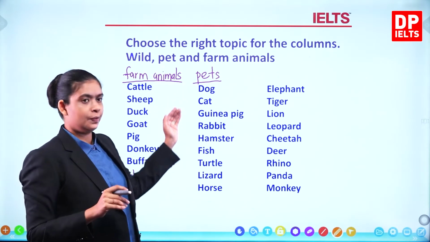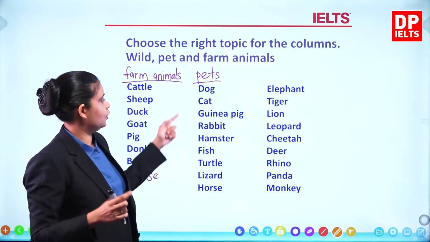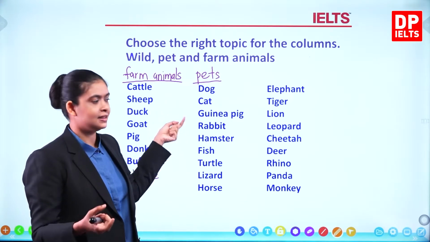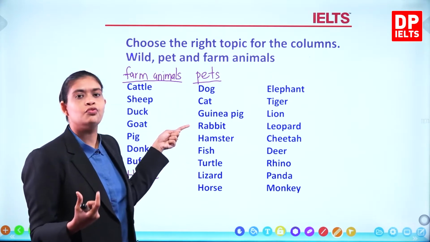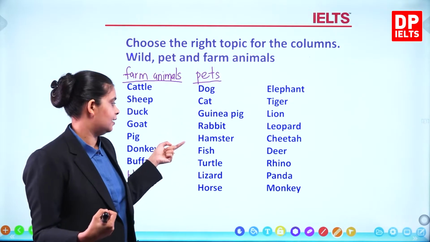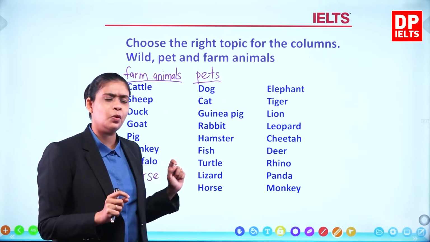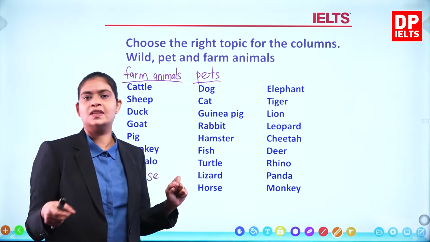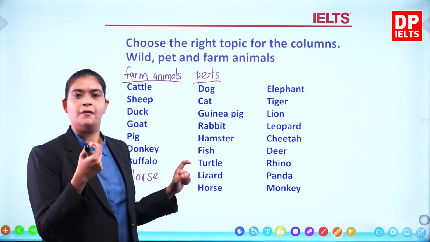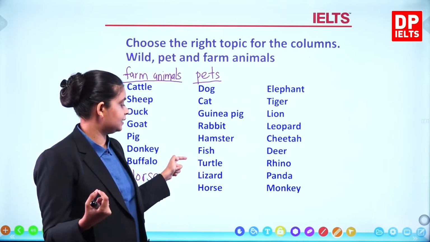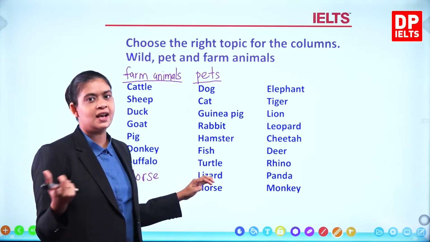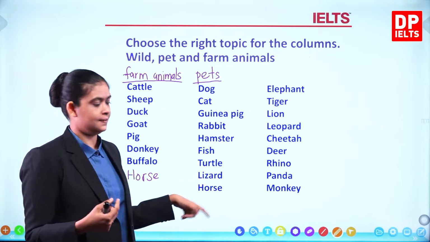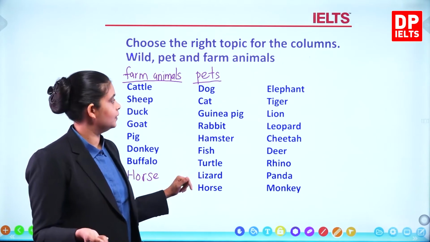So let's go through the pronunciation again. Dog, cat, guinea pig, rabbit, hamster, this is the most important one. Don't say fish, say fish. Turtle, lizard, not lizard, lizard, horse.